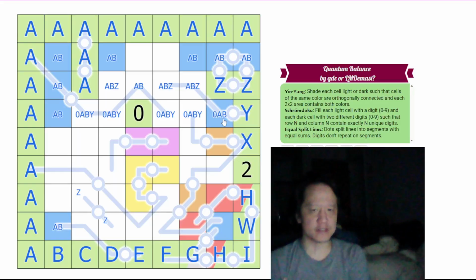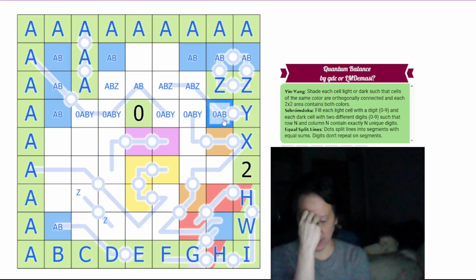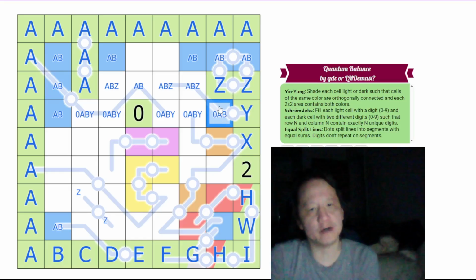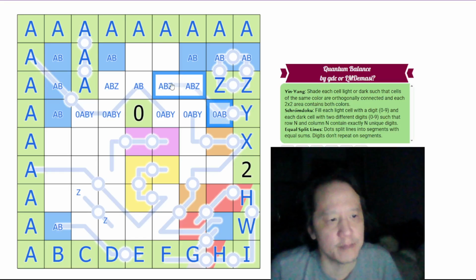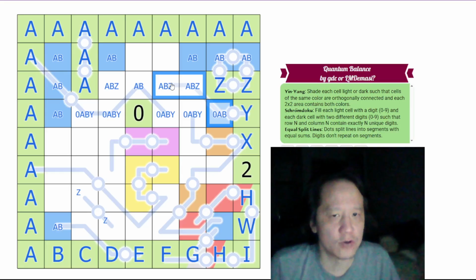That would mean this is exactly the sum of Z. Y is going to be the sum of 3 digits with A, B, and 0, possibly.